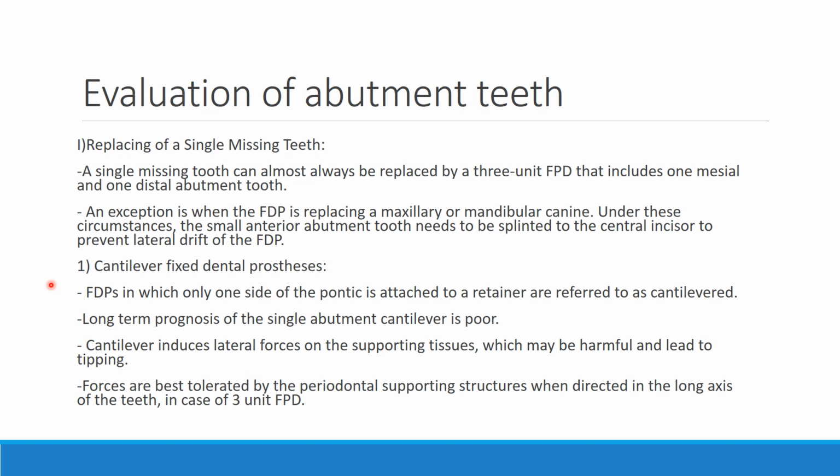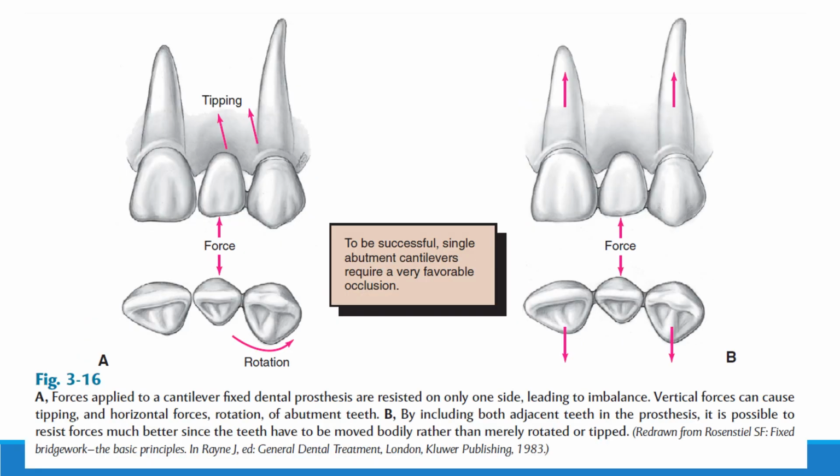Coming to a cantilever fixed dental prosthesis, here one side of the pontic is attached to the retainer, and that is what is cantilevered, right? Long-term prognosis is poor, and it would cause tipping. That's why it is a little harmful.